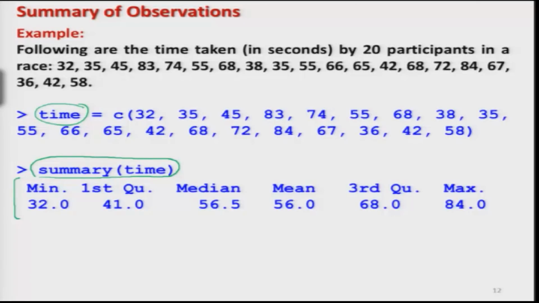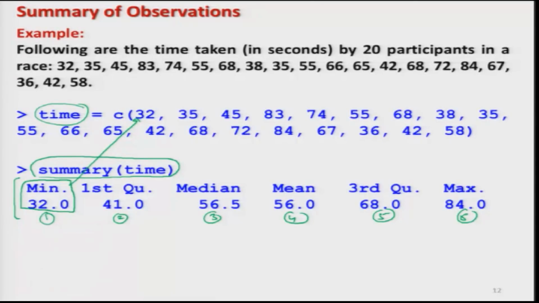So, you can see here there are 6 values, first value here, second value here, third value here, fourth value, fifth and sixth. So, now if you try to understand what they are giving us, the first value here is giving us the minimum of the values contained in the time data vector, which is 32, and you can see here this is the 32.